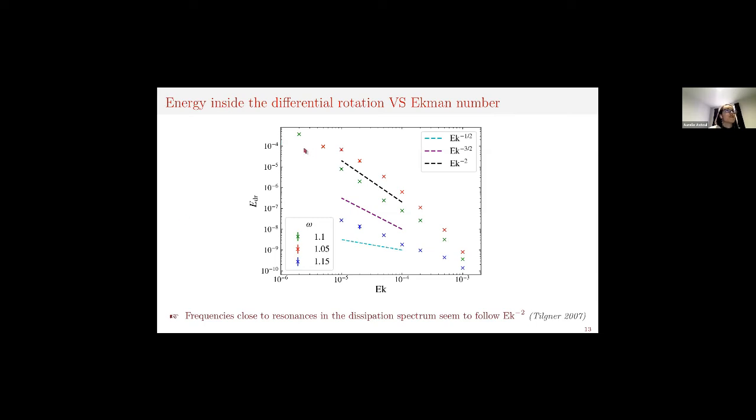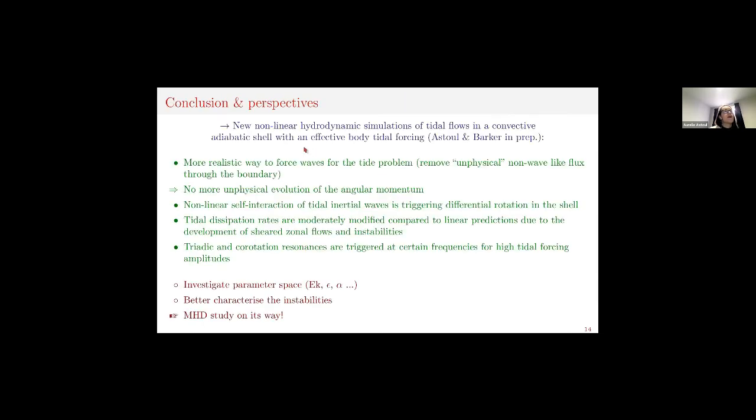So yeah, just to conclude, we have performed new nonlinear simulations, DNS, of inertial waves using a realistic way to tidally force waves. And in our model, we no longer see any unphysical evolution of angular momentum, which is good.